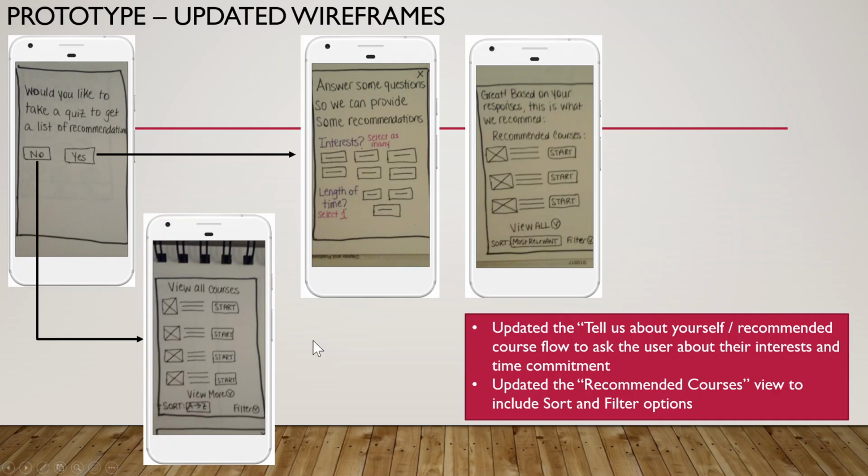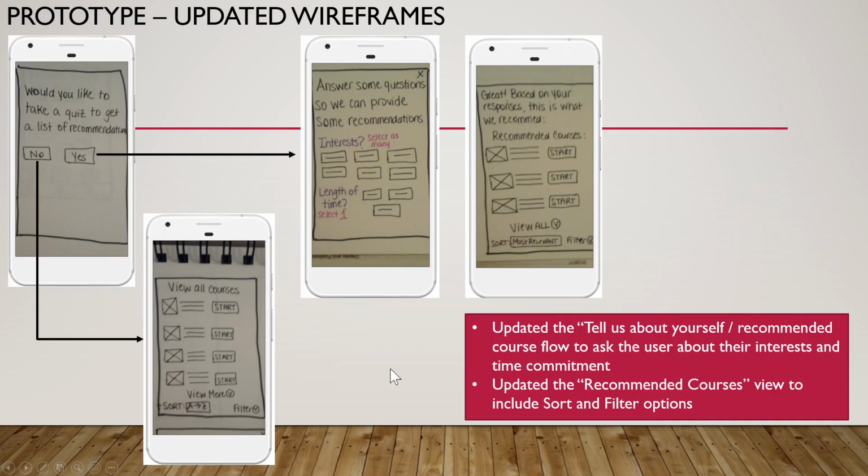One piece of feedback that I received was just focus on the interest and the length of time upfront. For the initial release, just look at what is the topic or the area of focus that a user wants, and how much time they are willing to dedicate to it. And then from there, show the list of recommended courses.